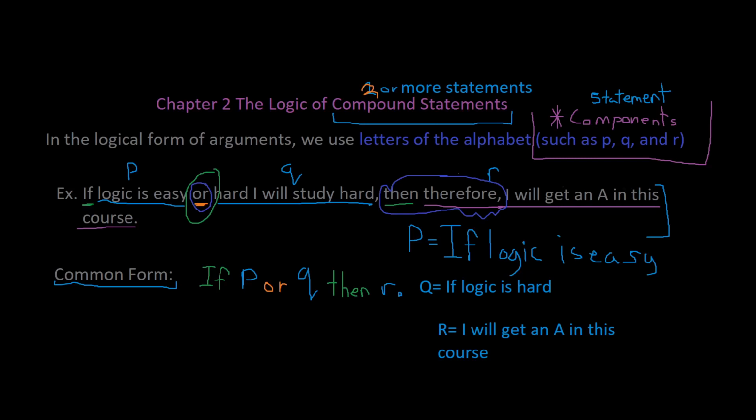And so I hope you understand now what's happening. I just want to emphasize that because the next thing we're going to learn is a little more symbols. So this, the common form, right, means if P or Q, then R. So I hope you guys get that, and we're going to go to the next example.